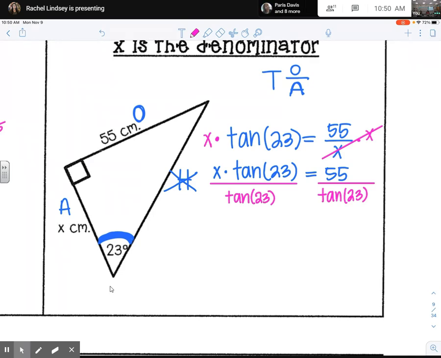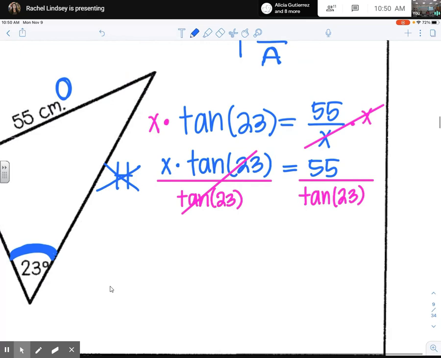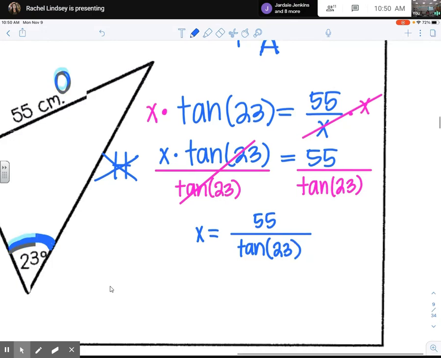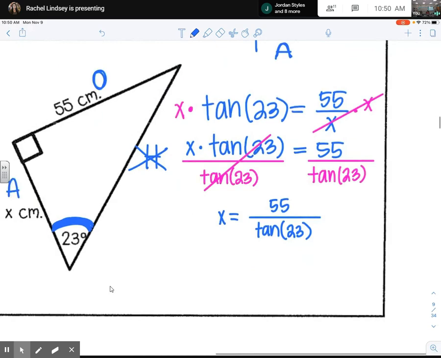They're married, you can't separate them. Okay, so now you have x equals 55 over tangent of 23. And you can put that in the calculator using the N over D fraction button.